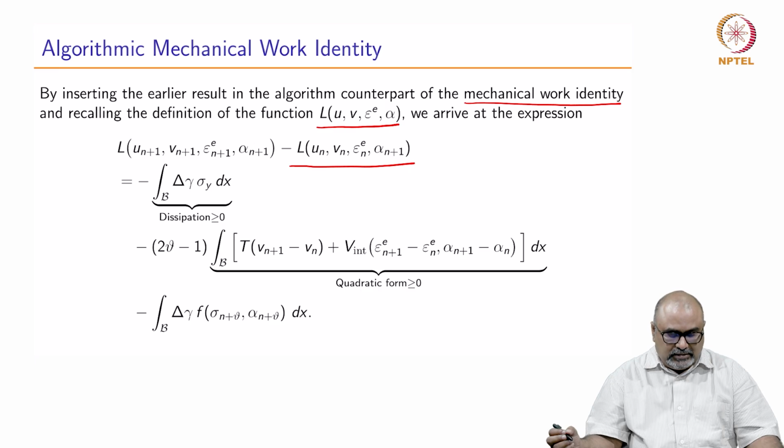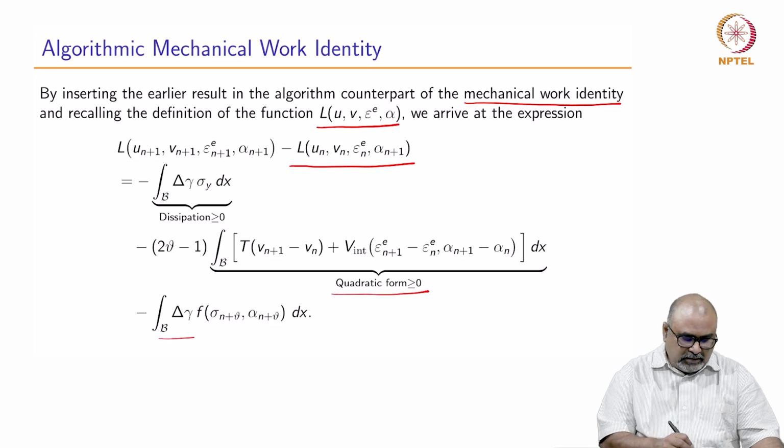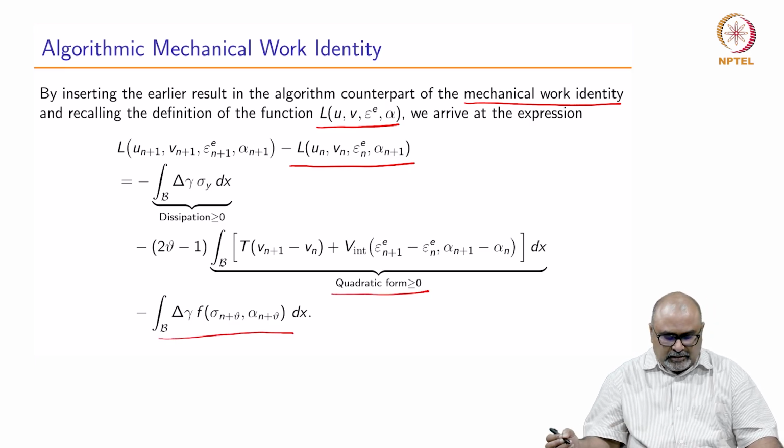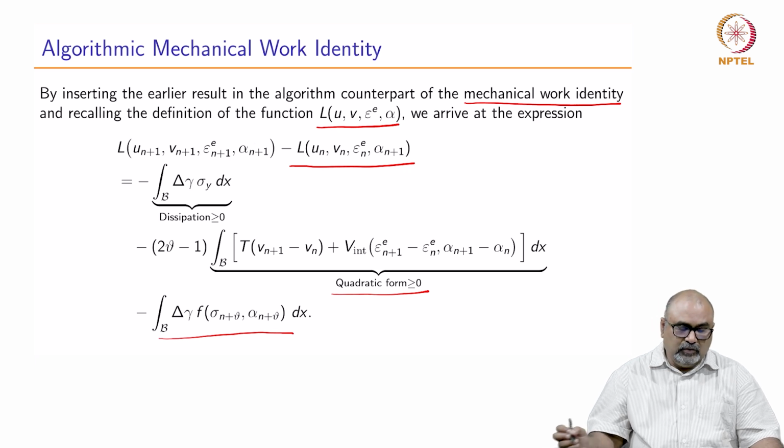So, which indicates that the dissipation is greater than or equal to 0 minus the quadratic form of the equation, which is greater than or equal to 0 minus delta gamma f of sigma n plus v alpha n plus v times dx.